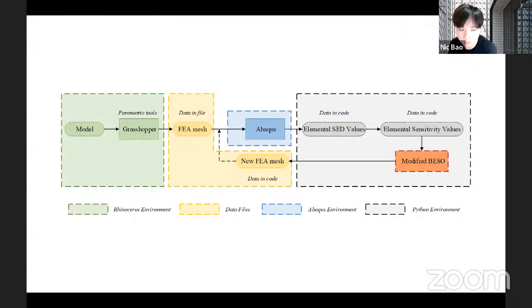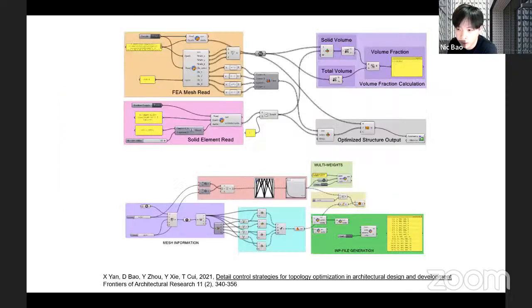This is the main design method, integrating the BESO method with the Rhino working platform. I developed this design process with Dr. Xin Yan. I think he will introduce a similar topic tomorrow night.